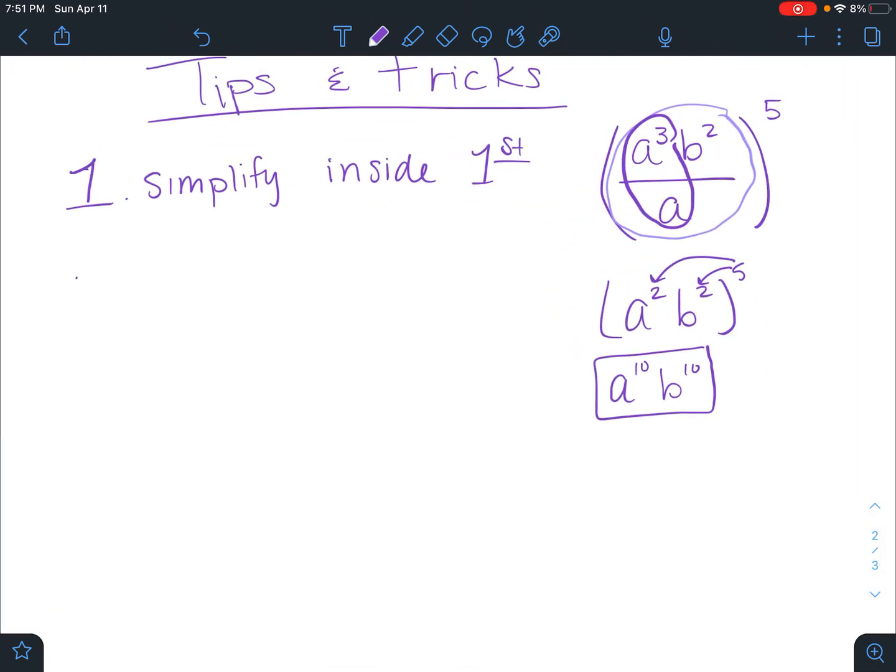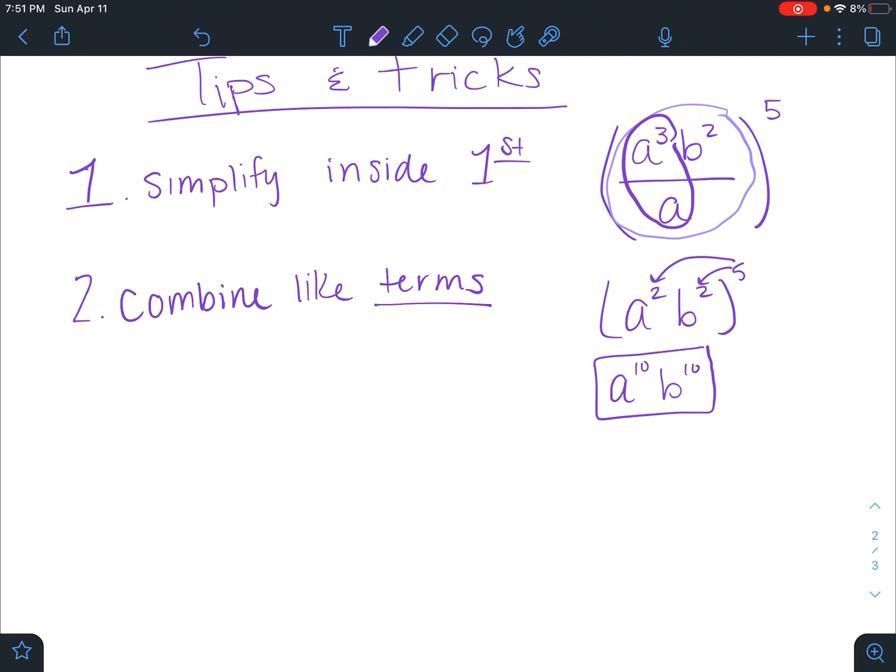All right, tip number 2. Besides simplifying first, I would also, if you can, combine like terms. Just like how we did those A's, same kind of idea.